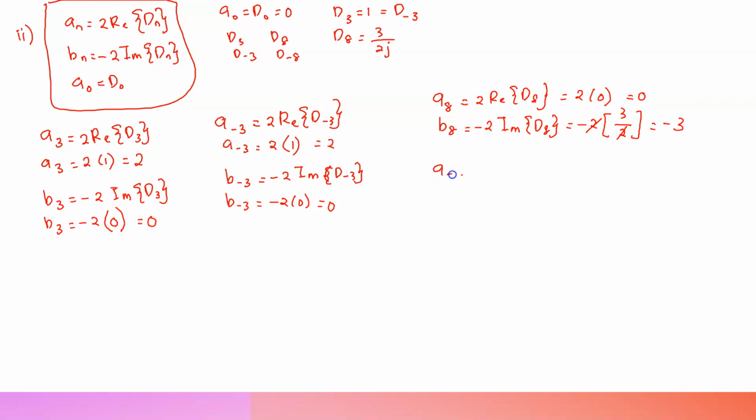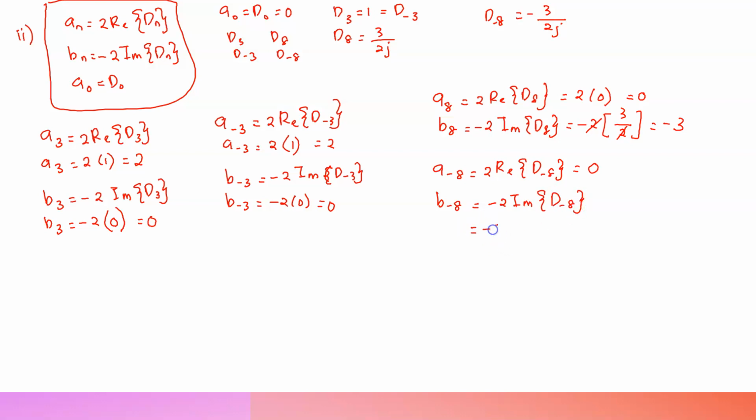Now a minus 8 equals 2 times the real part of d minus 8. Again, this is 0, because d minus 8 equals minus 3 over 2j, and it doesn't have a real part. b minus 8 equals minus 2 times the imaginary part of d minus 8.